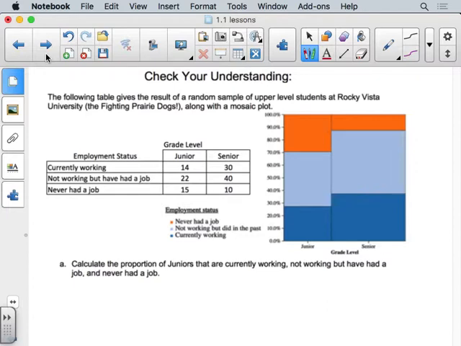So basically, tell me in a sentence or two, do you think that there's an association between you being a junior or senior and you working or not? And then just tell me one reason why. Okay, give me a couple minutes. So question number C, look at the graph, tell me, do you think that there's an association or not, and why?